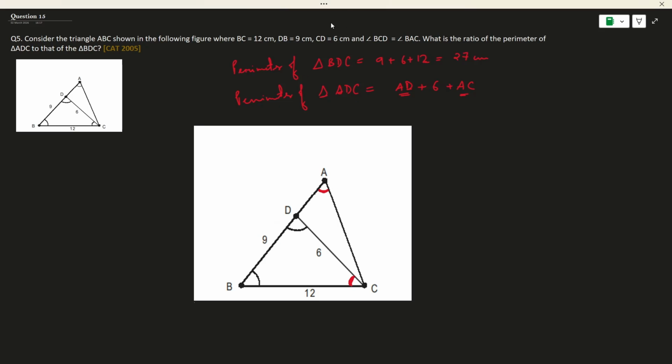Yes. See, focus on this triangle, and also focus on the entire triangle ABC.